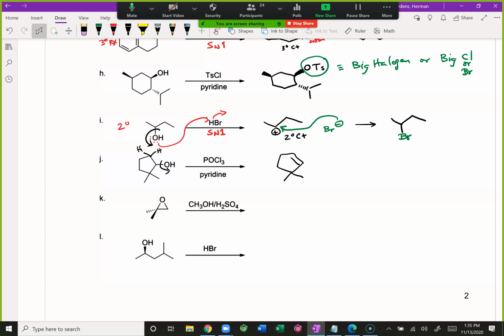Yeah, we have sulfuric acid there. So one drop of it is enough to make it acidic because that thing is so strong. Acidic conditions. And what type of reaction is that then? SN2 borderline.